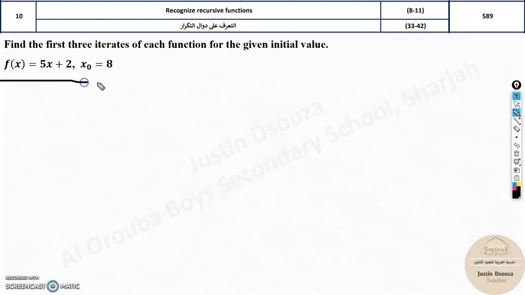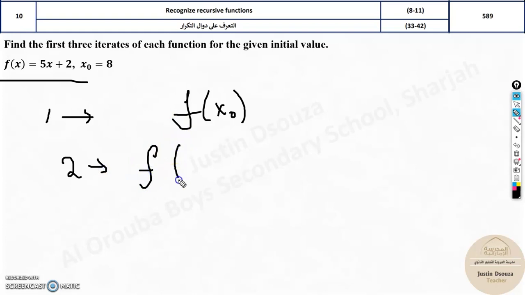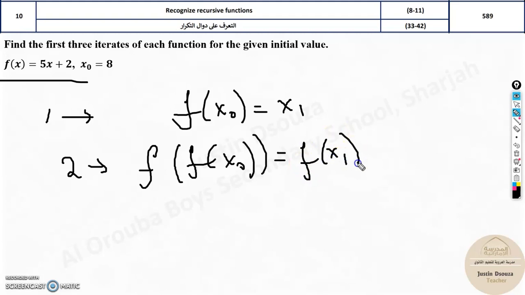Over here, when it's given as a function, the initial value is given, so the first iterate will be f of x0. All you need to do is put this 8 over here. That is the first iterate. Now for the second iterate, you need to do the same thing again, function of f of x naught, function of function. But generally we consider this as x1 to make much easier sense. It's function of x1, that is x2.